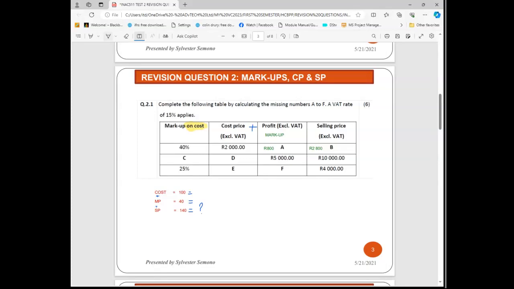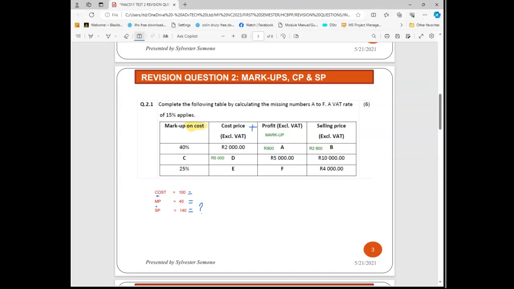Wouldn't you do 10,000 minus 5,000? How much? It's 5,000. Can you see now? Just like that, 10,000 minus 5,000. Now we can find this. Can you see now? Yes.